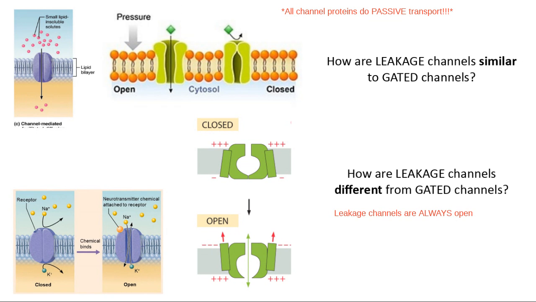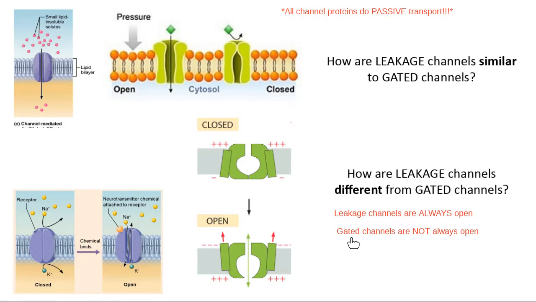Drip, drip, drip. When we talk about gated channels, they are not always open. That word gated in their name tells me I have some kind of gate that's blocking my channel. When I open that gate, stuff is going to go through it. It's always going to happen.